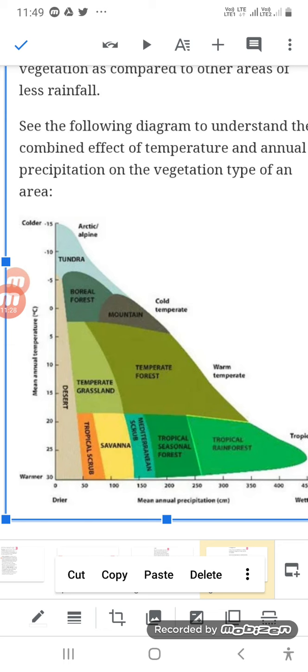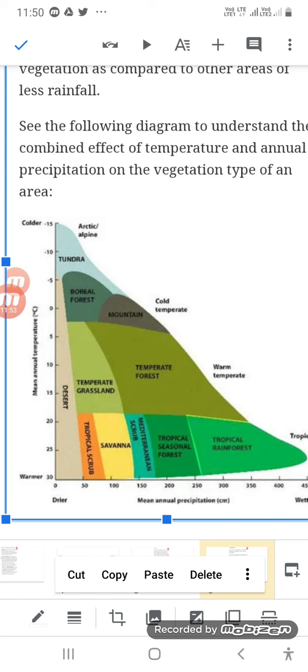When the precipitation is 130 to 170 centimeters and the temperature is from 30 degrees Celsius to 18 degrees Celsius, you have Mediterranean scrubs.